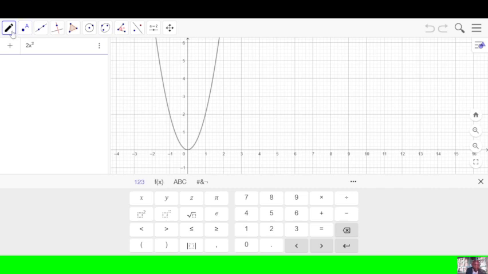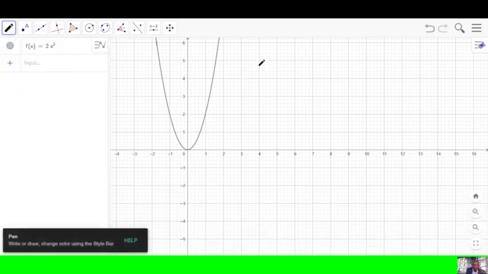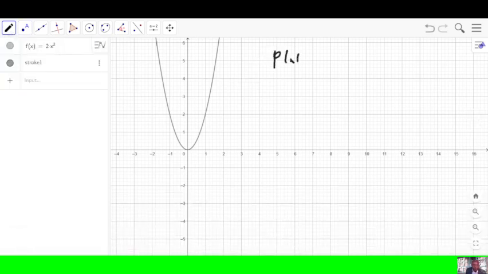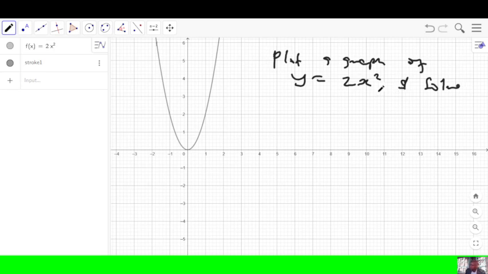Now, plot a graph of y equals 2x squared and solve 2x squared minus x minus 3 equals 0.